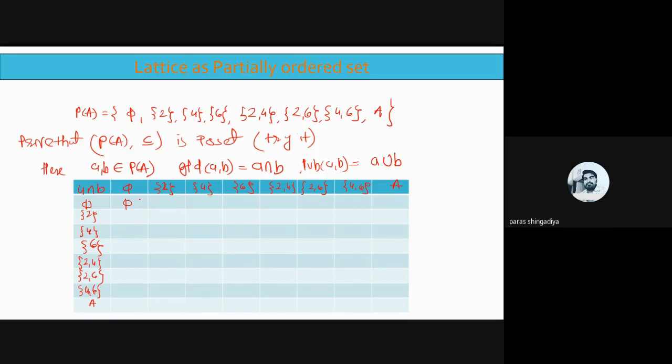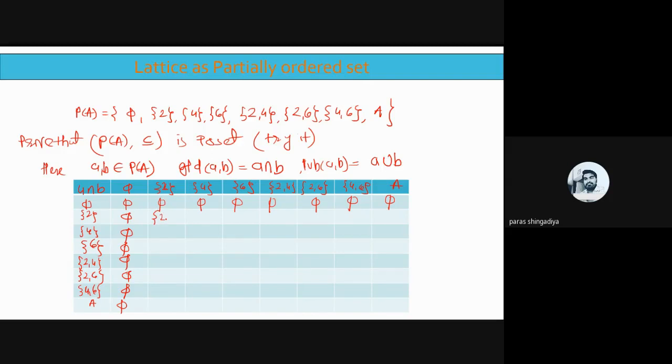That is called A intersection B. So the empty set with the empty set has nothing common, and with {2} there is nothing common, the answer is the empty set. Likewise with {4}, {6}, {2, 4}, {2, 6}, {4, 6}, and A, the answer is also the empty set. Clear? Now use this answer in this column also, meaning write the empty set in this first column. Now change the element to singleton {2}. So singleton {2} intersection singleton {2}: 2 is the common element there.